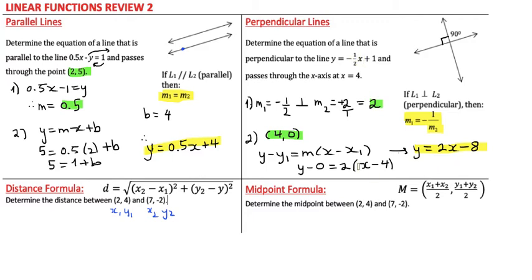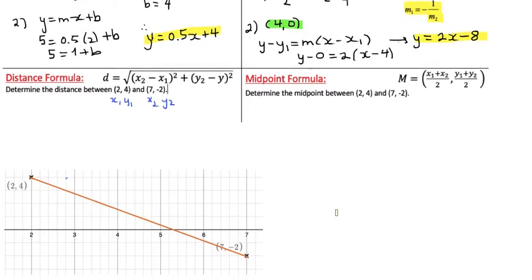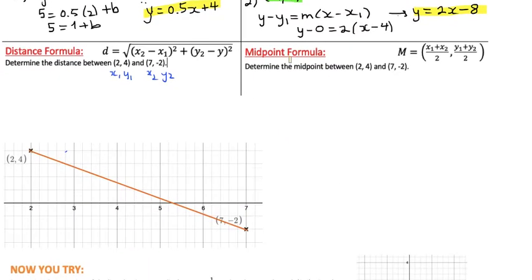Okay, two more little things to remember, and that is the distance formula and the midpoint formula. I'm just going to do the midpoint formula first, just because it's very nice and quick. And basically, it's the point that's in the middle of these two, right? All it is you average out the x's and you average out the y's. That's all it is. So we're going to average out the x's.